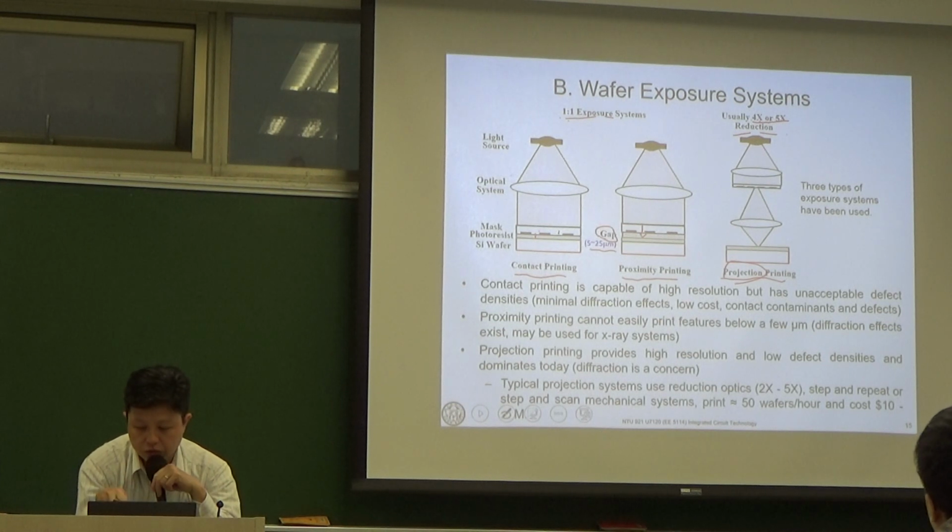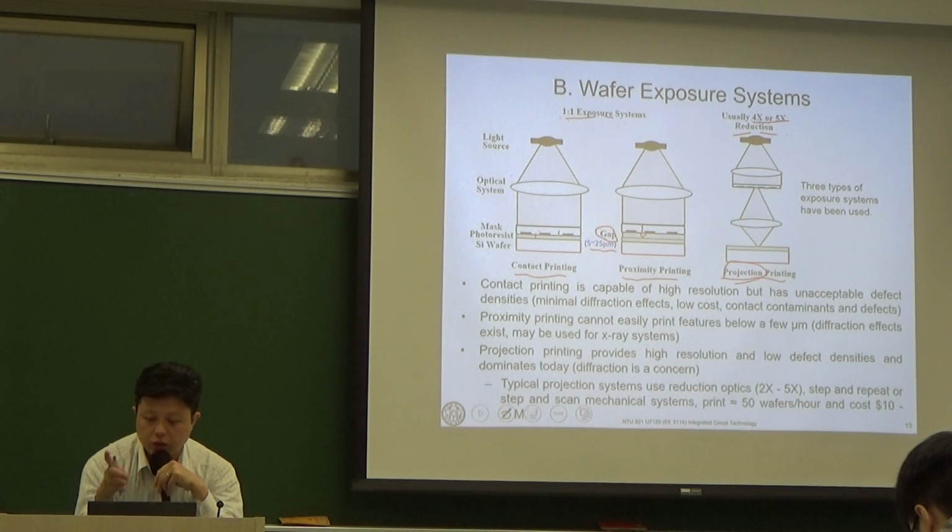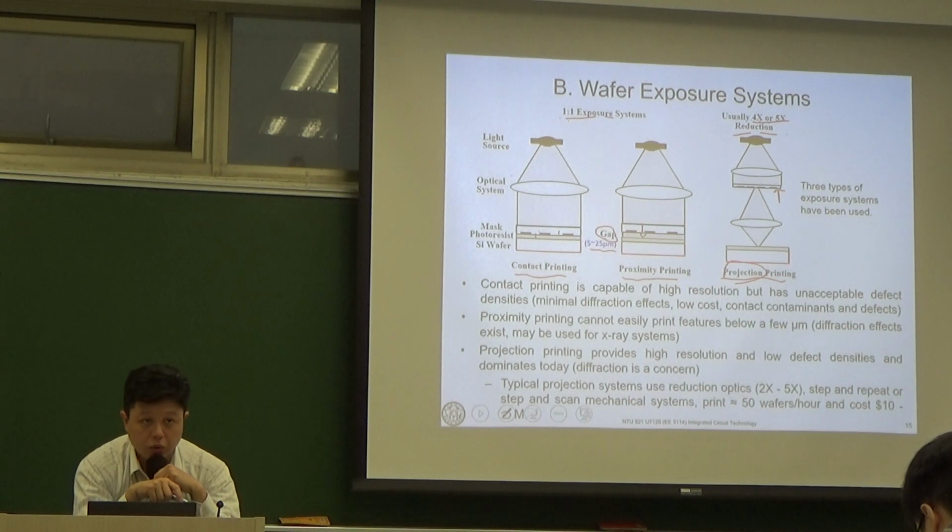But of course, we have to consider the diffraction issues in these systems. So if we consider those far field diffractions, we have to rearrange or correct the patterns on your mask.